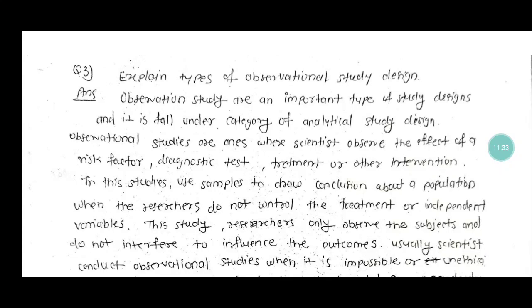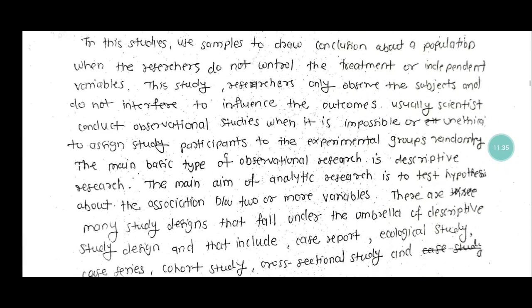Usually scientists conduct observational studies when it is impossible or unethical to assign the study participants to experimental groups randomly. The main basic type of observational research is descriptive research, where the main aim of analytic research is to test the hypothesis about the association between two or more variables.